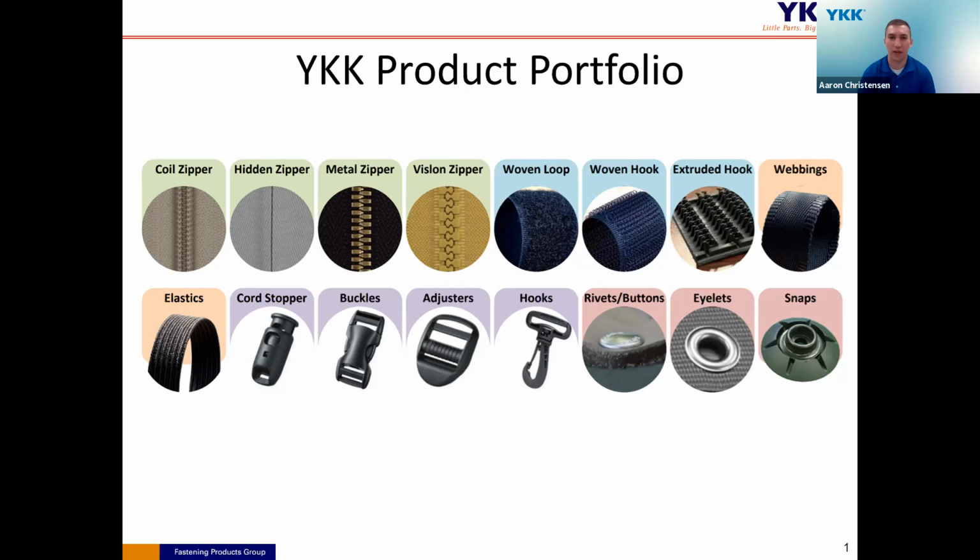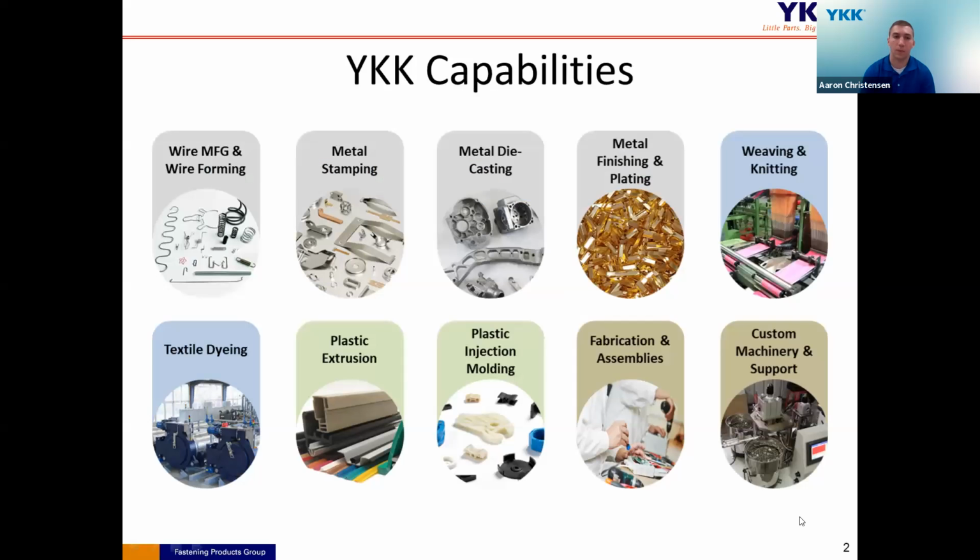So you might think of YKK as just a cataloged product supplier, but we're really willing to innovate on these products. And we go beyond just the pages of the catalog. As you can imagine, with years of experience in all these different industries, we have developed capabilities and technical expertise in these areas that are associated with those products.